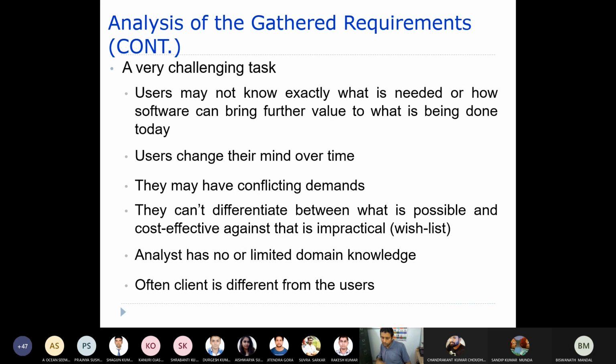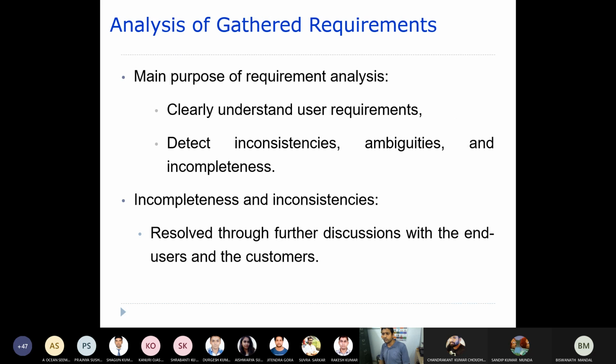And at the same time, maybe the customers of that particular bank can also be users of that software. The main purpose of requirement analysis is to clearly understand user requirements and detect any inconsistencies, ambiguity or incompleteness. We try to detect them and then resolve them through various discussions with the end users as well as customers or the clients.